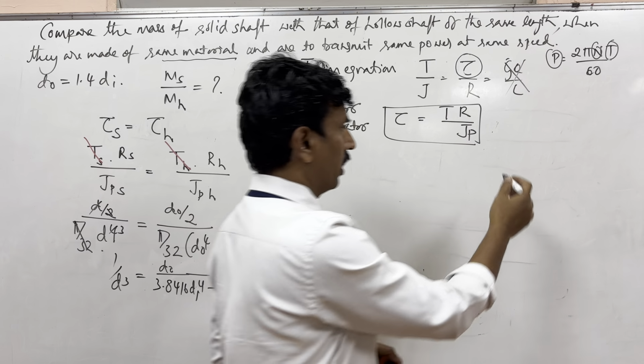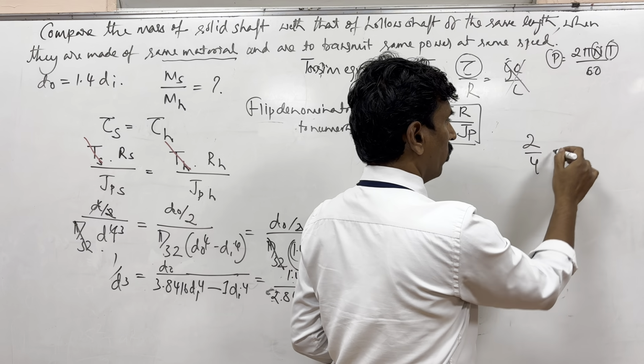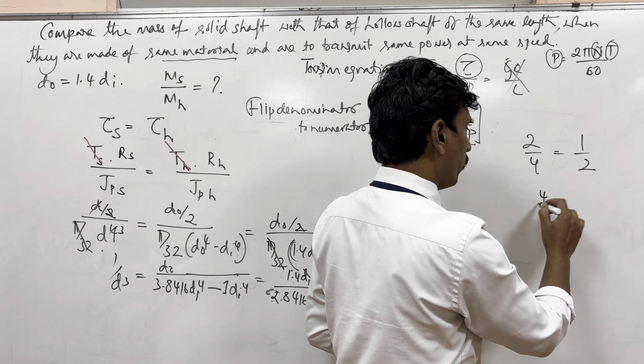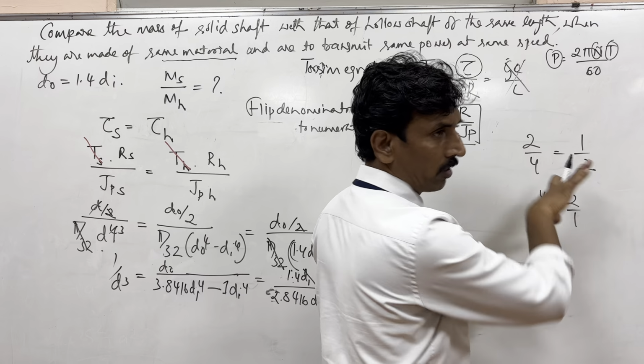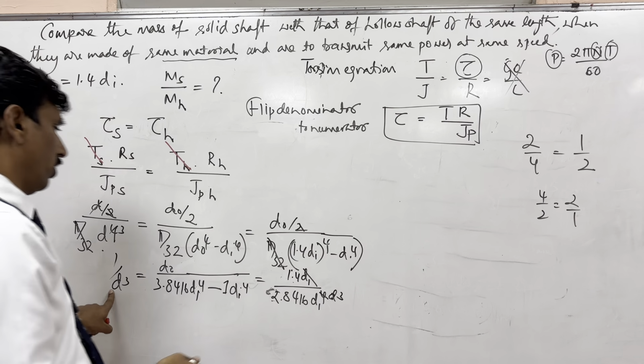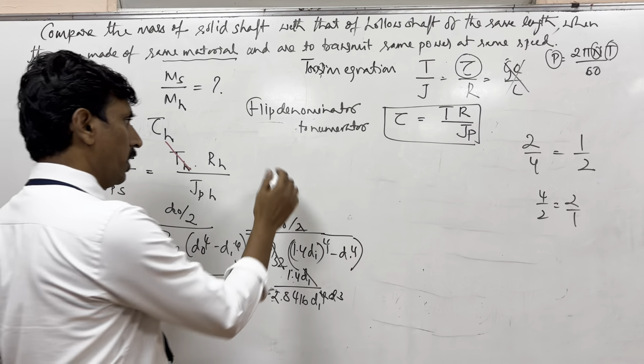I think it's the same, no? 2 by 4 is equal to 1 by 2. If you flip it, it becomes 4 by 2 is equal to 2 by 1. It is the same thing. So you can flip this. So it becomes d cube is equal to 2.8416.